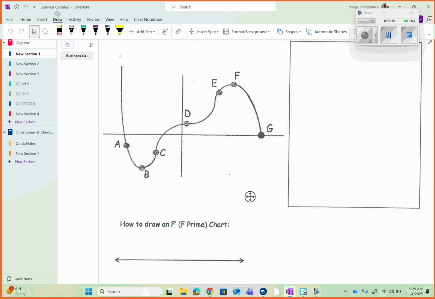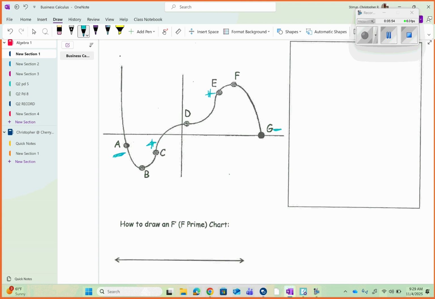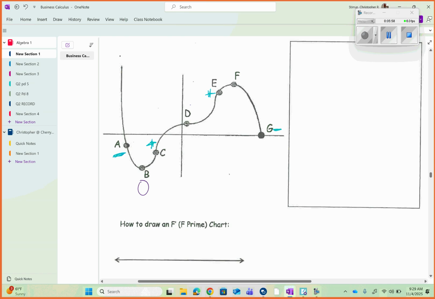So you agree this is a negative slope here. This should be a positive slope here. This should be a positive slope here. And this one has a negative slope here. Does that make sense? And so that means that at B, D, and F, the slope is not positive or negative. I'm going to have a 0 slope exactly here. I'll have a 0 slope exactly here.